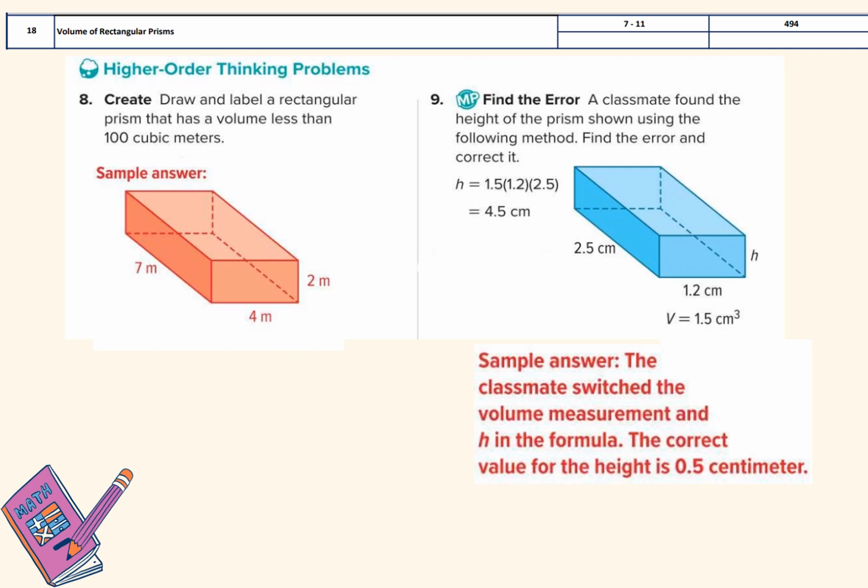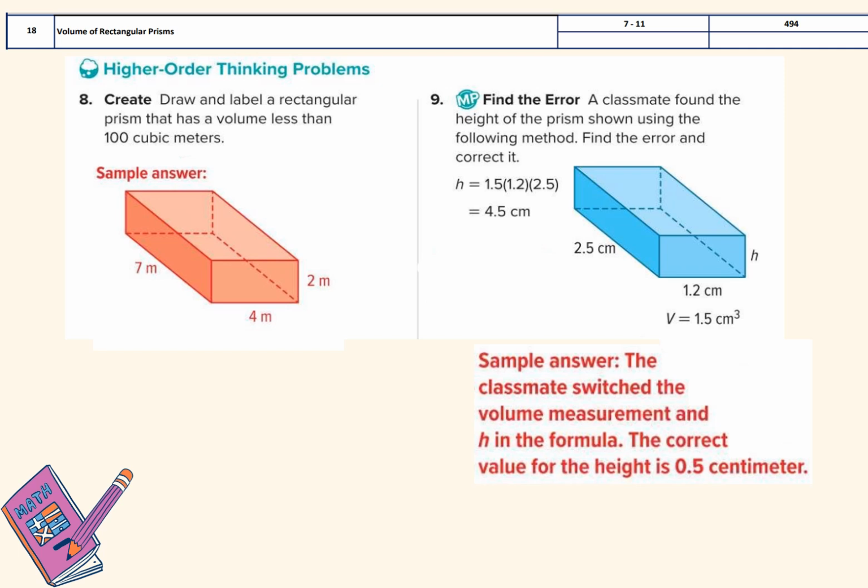Here, if you try to multiply 2 by 4 by 7, for sure you will get a volume less than 100. 2 times 4 is 8. 8 times 7 is going to be 56. So also you're going to have many other options for that question.